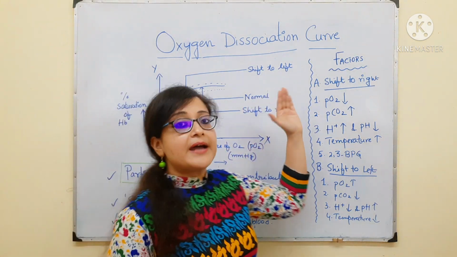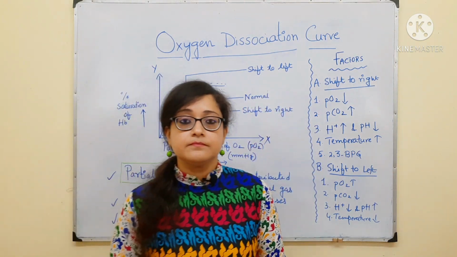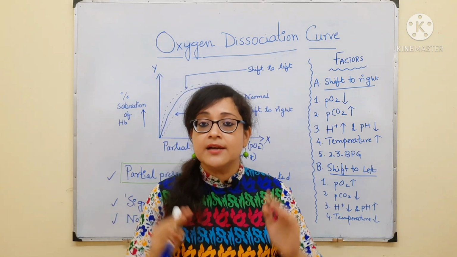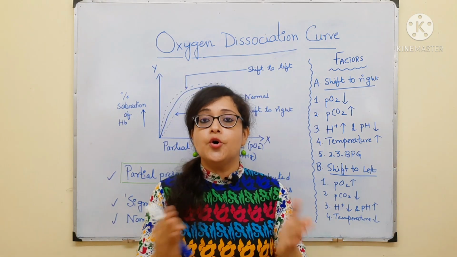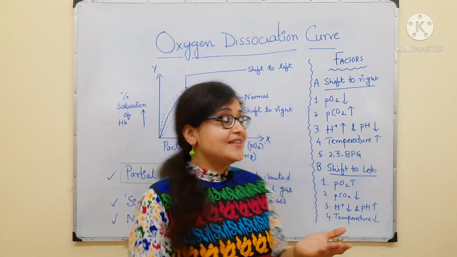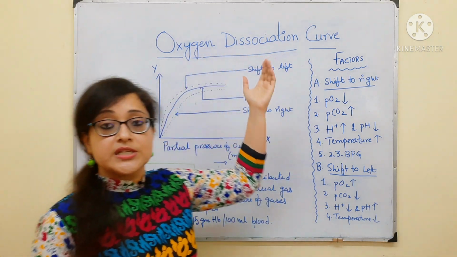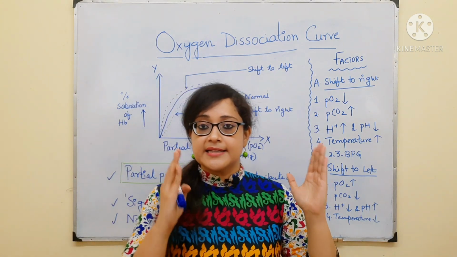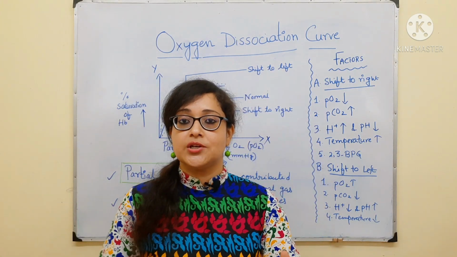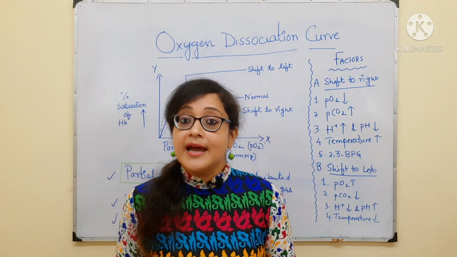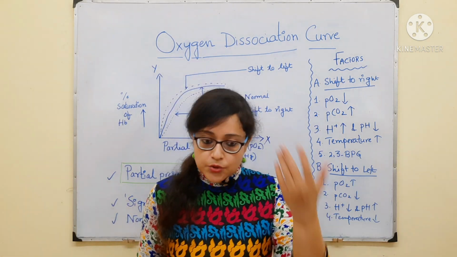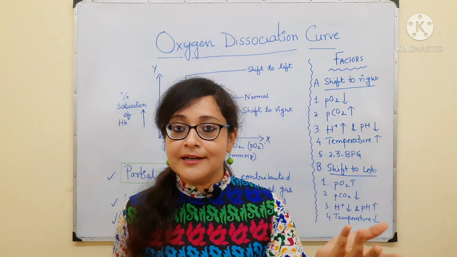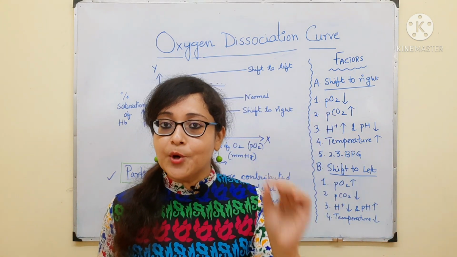Some factors have been mentioned here, and these factors influence the binding of hemoglobin to oxygen. As the name suggests, oxygen dissociation curve, we need to study the factors that lead to the dissociation of oxygen from hemoglobin. As I have already mentioned, dissociation of oxygen from hemoglobin is required in the body tissues.